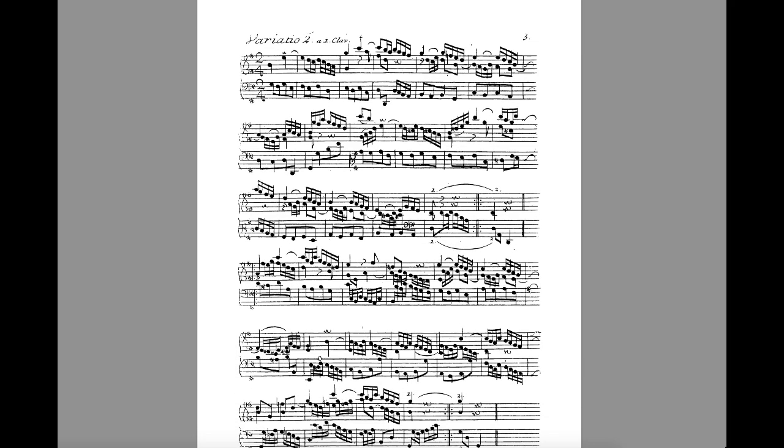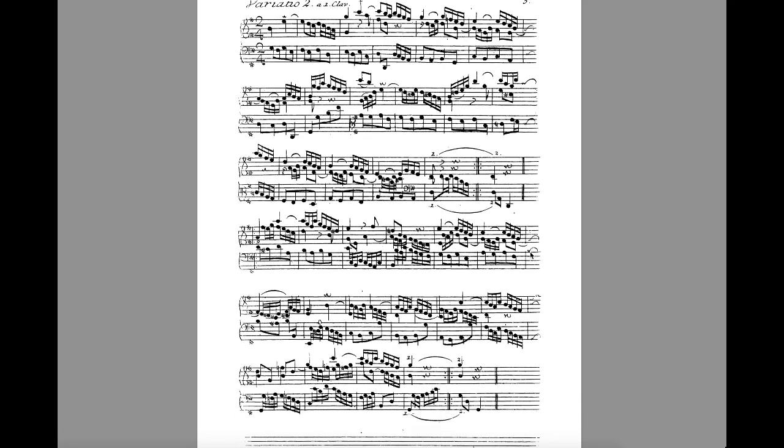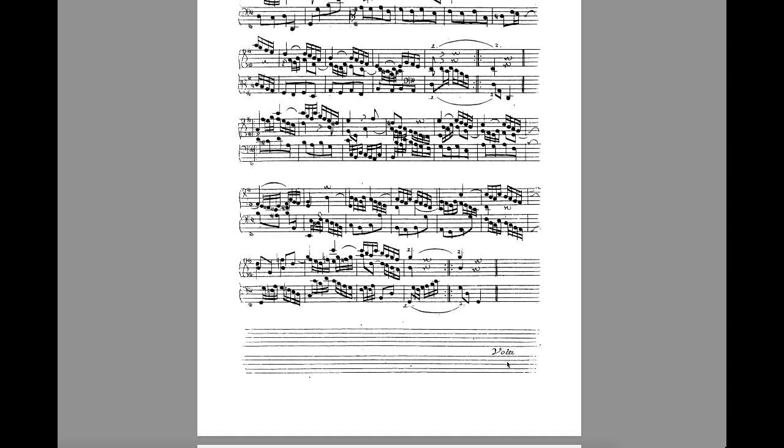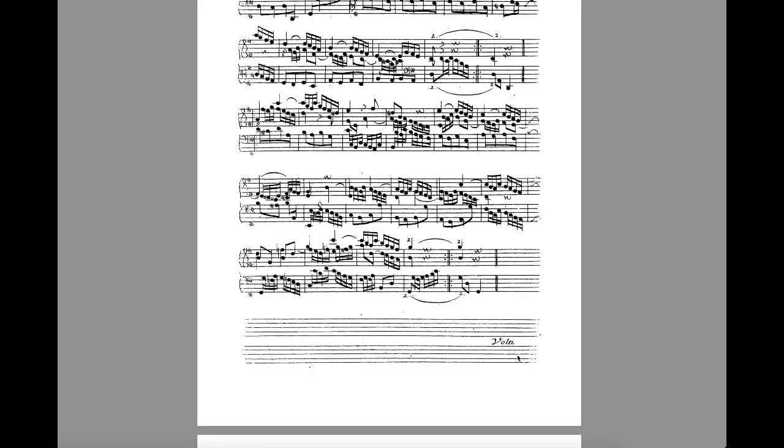We have variation 2. And look very carefully here at the end of variation 2, right here where my mouse is. We can see that there is no fermata. No fermata there. He puts volti. Volti means simply to get ready to turn the page.